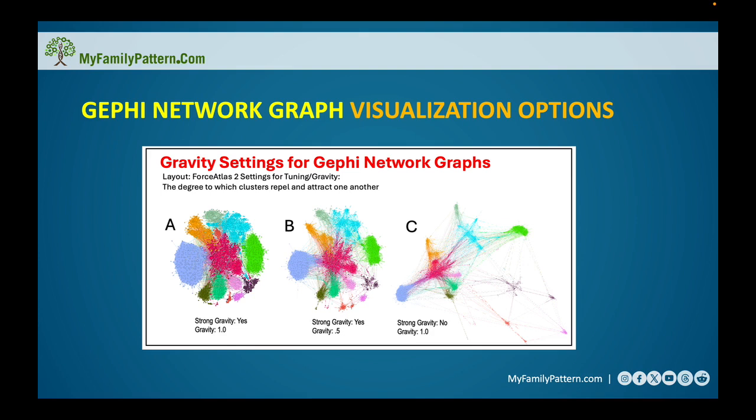So I play with a setting in there that I will show you when we get to the software. But there is a layout setting under Force Atlas 2 that you can play with the gravity, which is the degree to which clusters repel and attract one another. And in letter A, gravity is strong, meaning they're very compact.